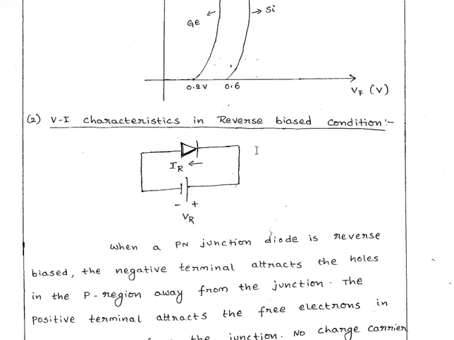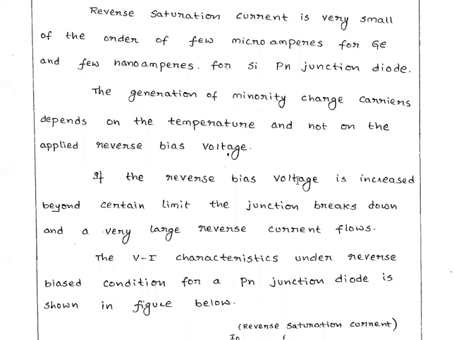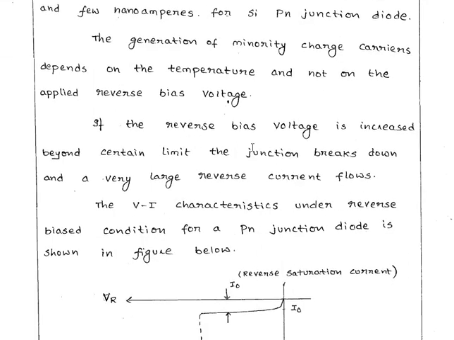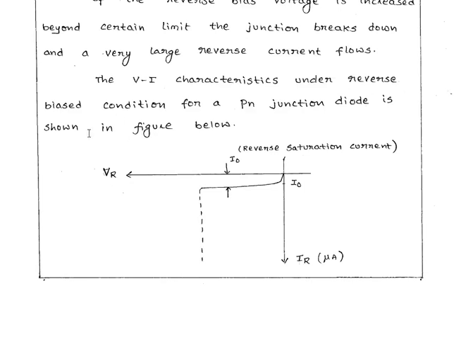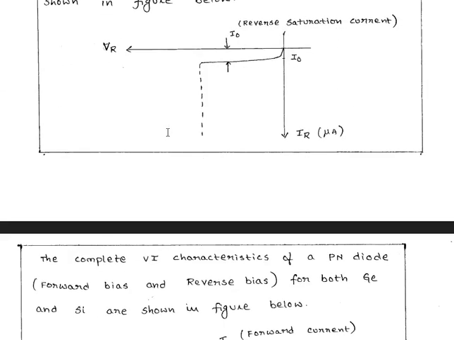This leads to a rapid, high and heavy generation of current, and leads to breakdown. The VI characteristics under reverse bias of a PN junction will look like this.